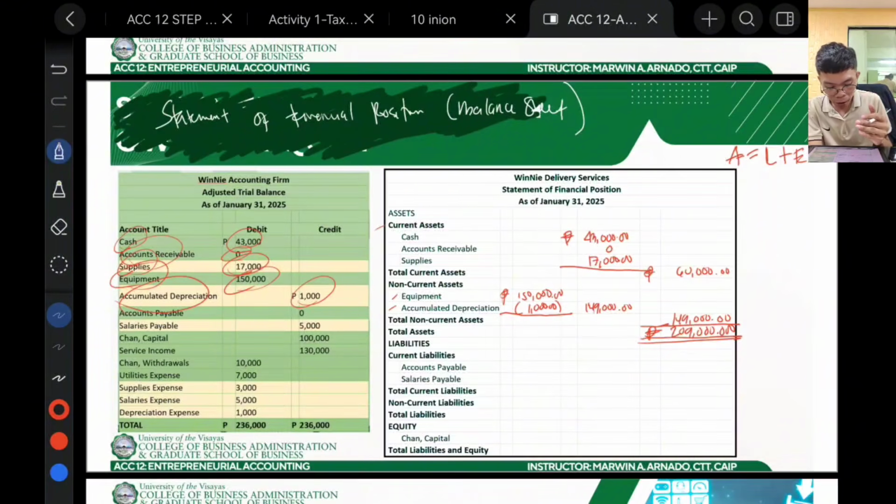For current liabilities, we have here accounts payable, which is 0. Salaries payable here is 5,000. Total current liabilities, we have 5,000. And since in our scenario, class, we don't have non-current liabilities, automatically it would be 0.